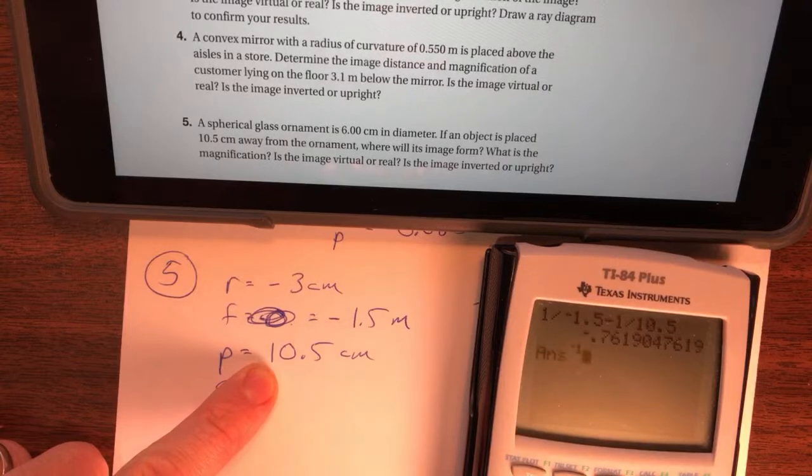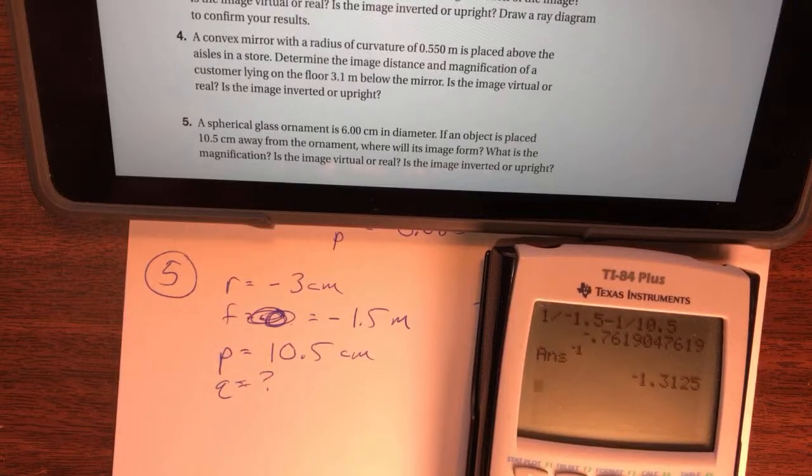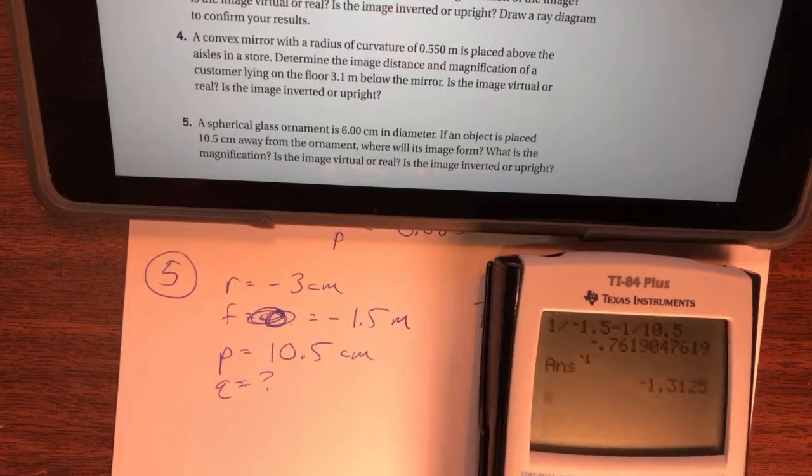Take the inverse of that, and it gets us negative 1.3, which is interesting. That doesn't seem right. That means the image distance is, no, that's right, that's right.